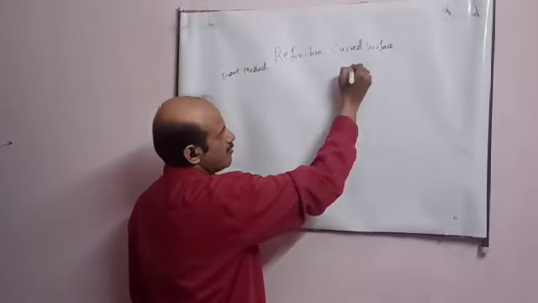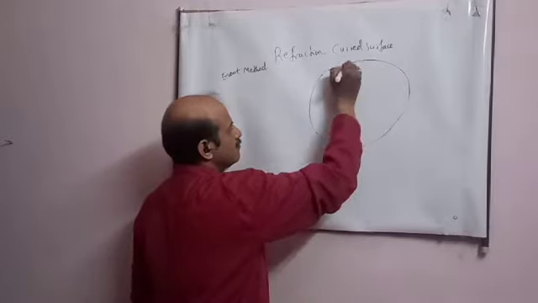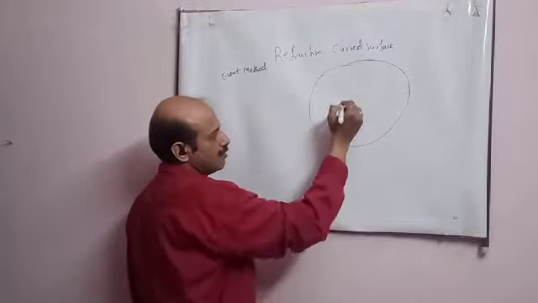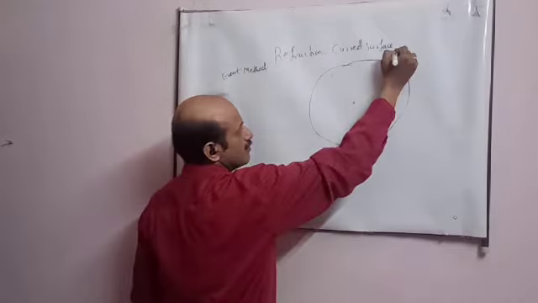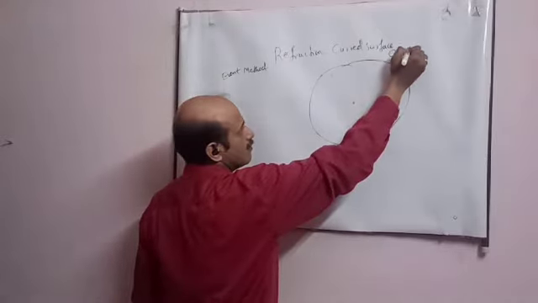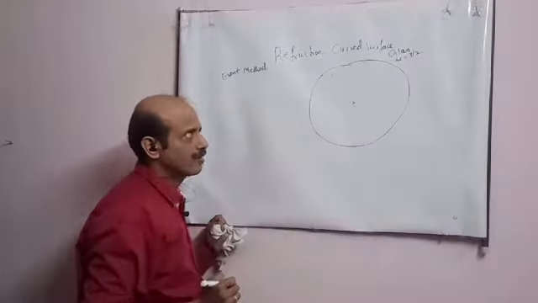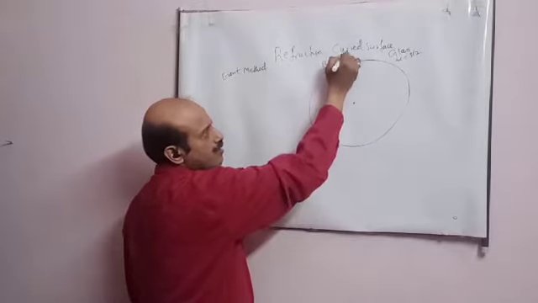Again student, we are taking a spherical glass. It is a glass of refractive index 3 by 2. Now I am taking the R of this glass as 20.